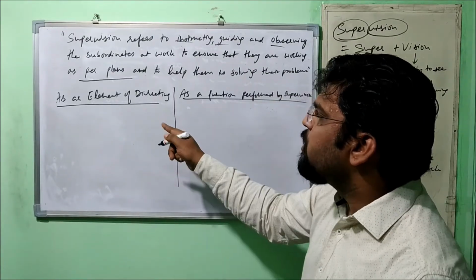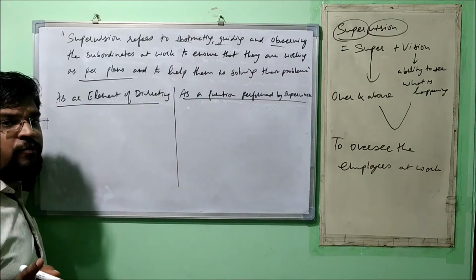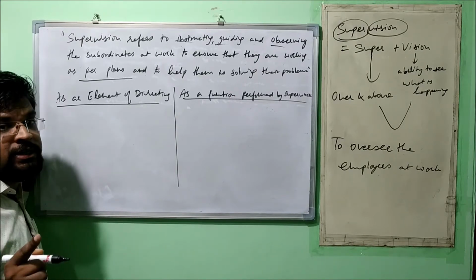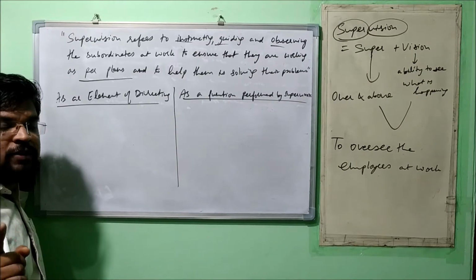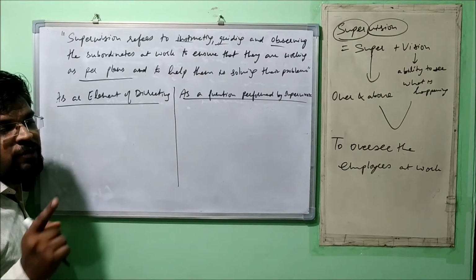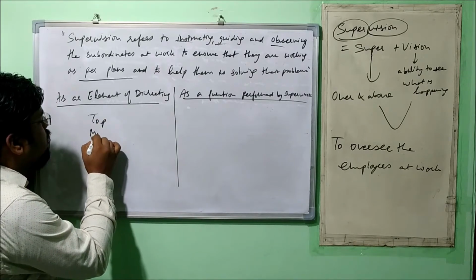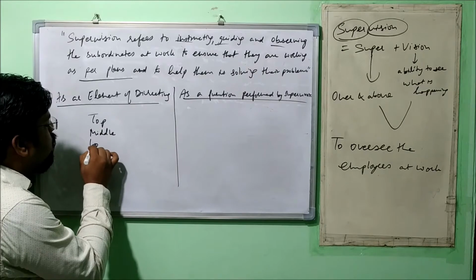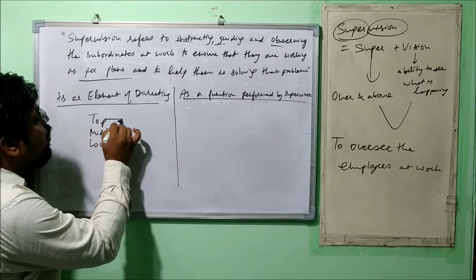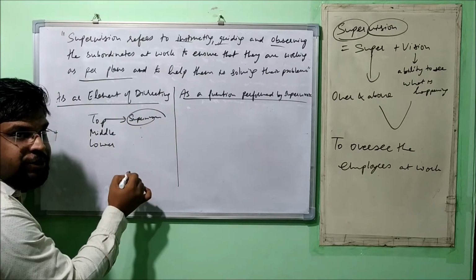So let's understand it in these two ways. As an element of directing, we need to understand that all levels of management need to perform this function, because it is a part of directing, and directing is the function of management which has to be exercised by all levels of management that we have already learned, right? Whether it is top level management or middle level management or lower level management, they all have to perform the function of supervision as well as the motivation, leadership, communication, right?